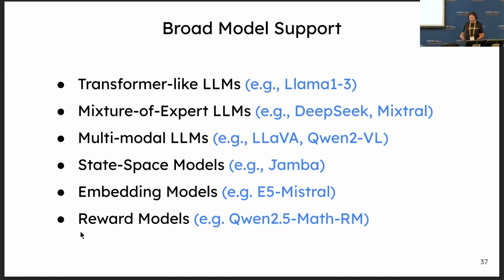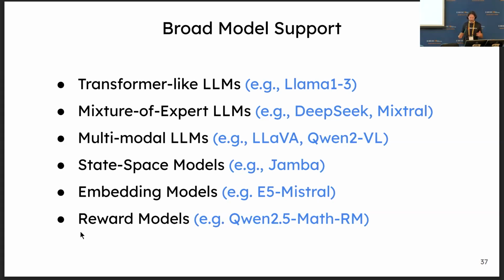There are these emerging architectures, the state-space models like Mamba and Jamba, and embedding models that can be used for things like classification and in conjunction with RAG type use cases, where you're creating encodings for text instead of generating text.